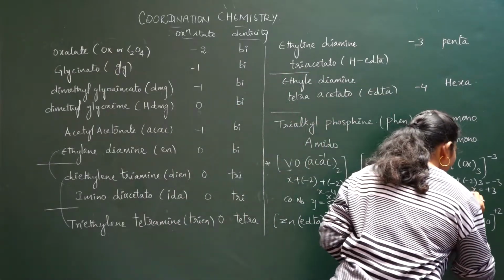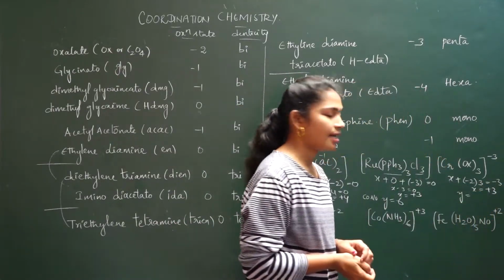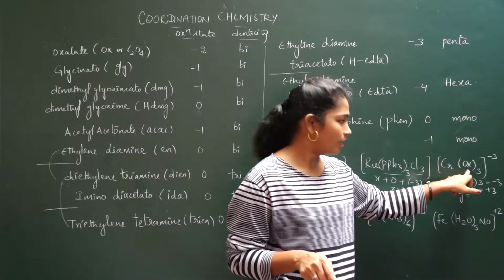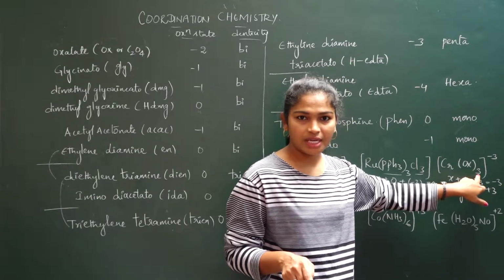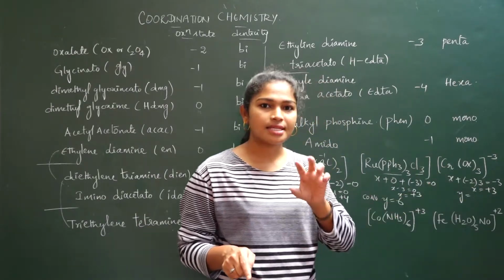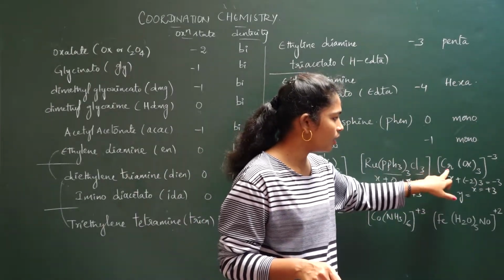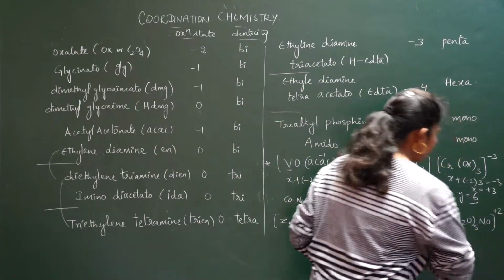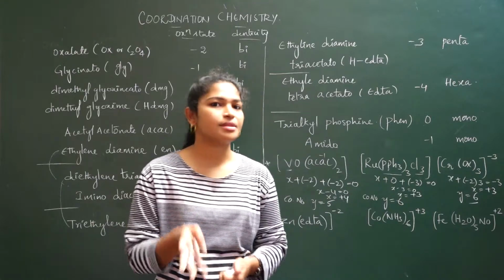Now what is the coordination number? How many ligands are connected? Actually OX is bidentate. How many bidentates are there? 3. That means 6 atoms are connected to the chromium. So the coordination number is 6. Electrons are donated by 6 atoms here.